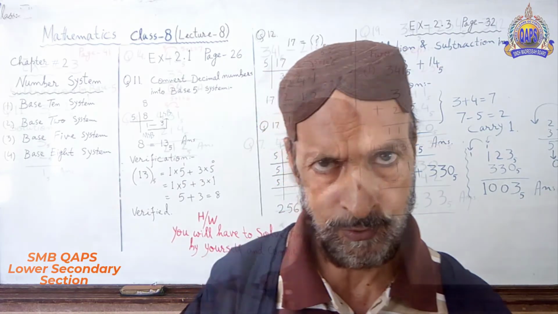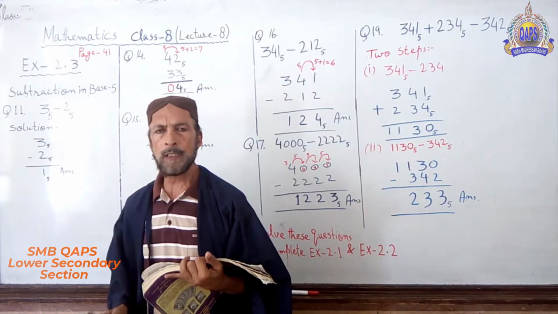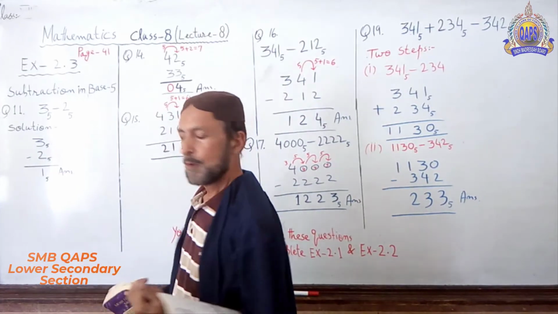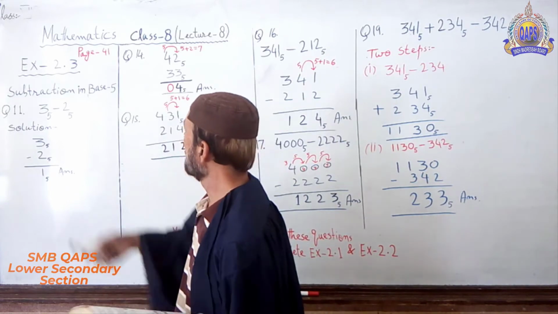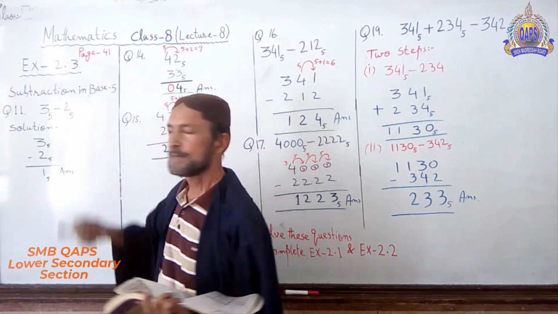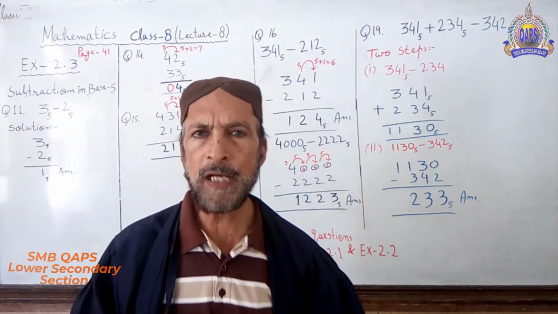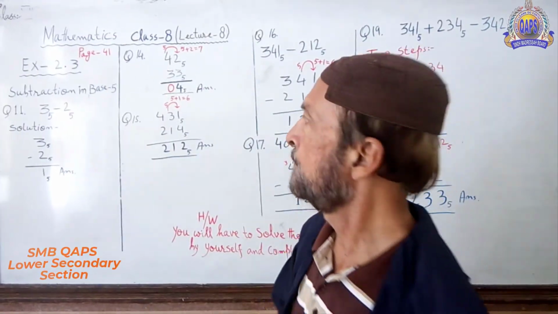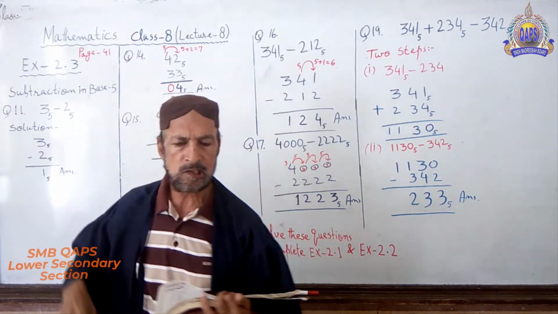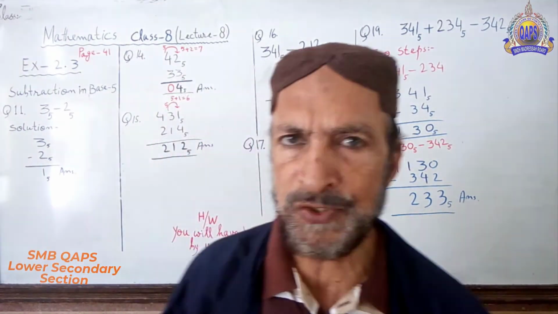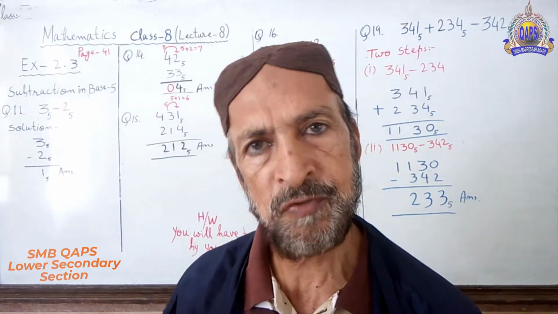Try your best. Dear student, now open your book of mathematics. Open it, page 41, exercise 2.3. Topic is subtraction in base 5.